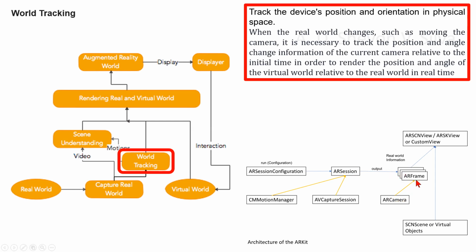AR camera is connected to AR frame, and AR frame is connected to ARSCNView, ARSKView, or custom view. Real world information is passed from AR frame to ARSCNView, ARSKView, or custom view. SCN scene or virtual objects are connected to ARSCNView, ARSKView, or custom view.